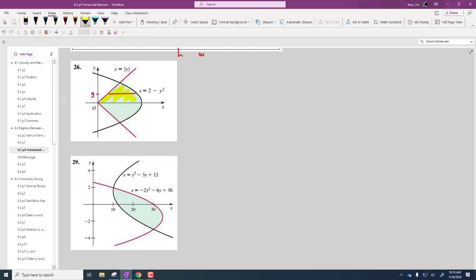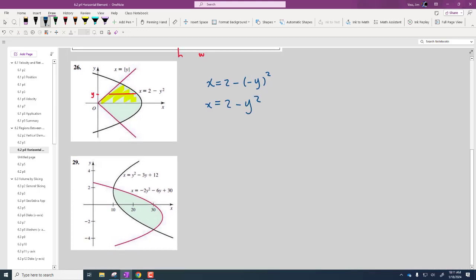So if we replace y with negative y, and it doesn't change the function, then it's symmetric about the x-axis. So if we do that over here, we have x equals 2 minus y squared. If we replace that y with negative y, and then simplify, these two are now equal, so therefore this function is symmetric about the x-axis.